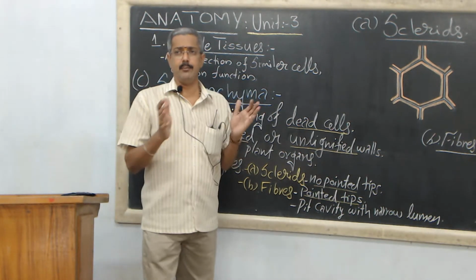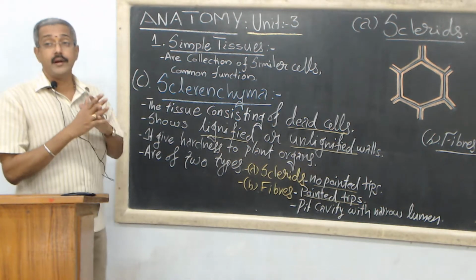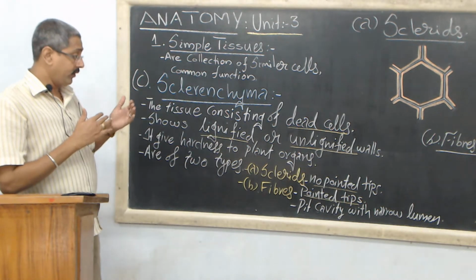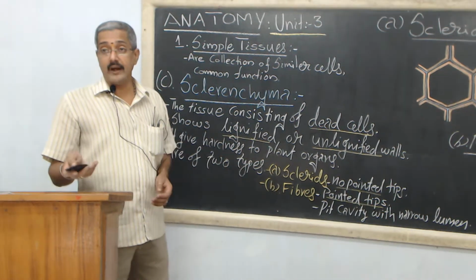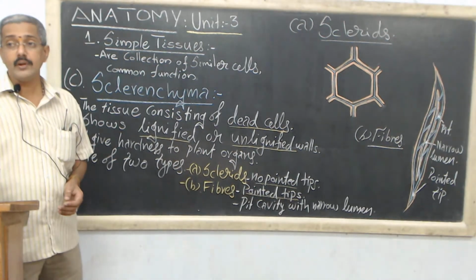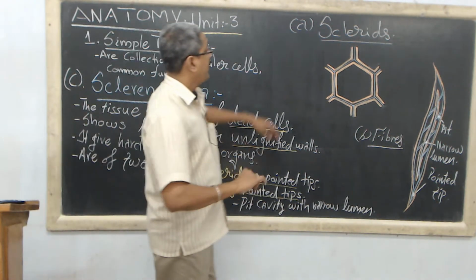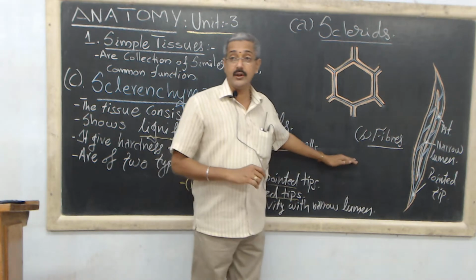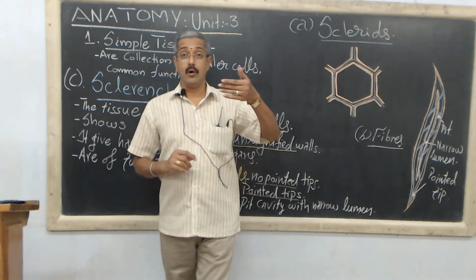Sclerenchyma is differentiated into two types corresponding to their structural differentiation. Here in this diagram, you can see the two types of sclerenchyma: one is sclerids and another is fibers. What is the difference from the earlier mentioned collenchyma?